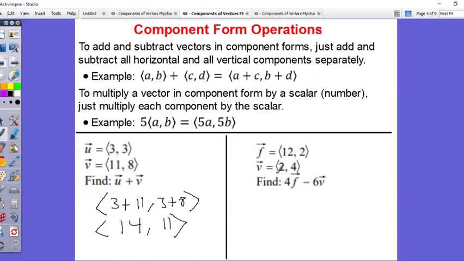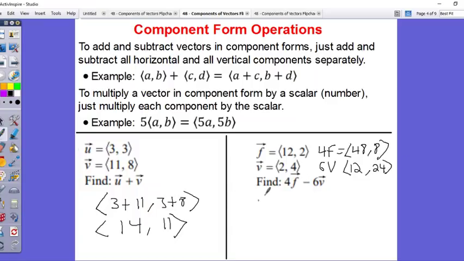All right. Now we need to do 4f minus 6v. So 4f, we do 12 times 4, 12, 24, 48, and 4 times 2 is going to be 8. 6v is going to be 6 times 2 is 12, 6 times 4 is 24, and then we're going to subtract it.